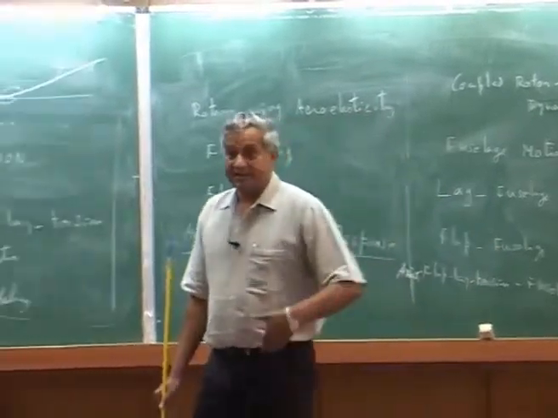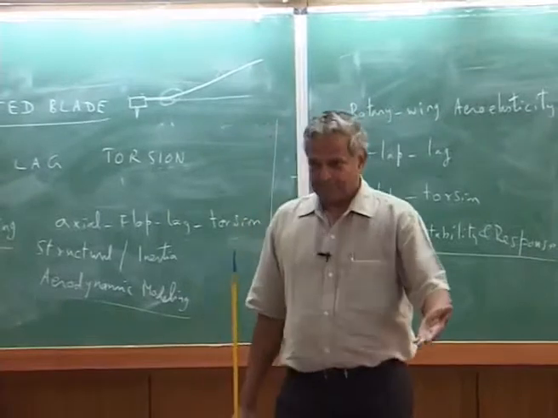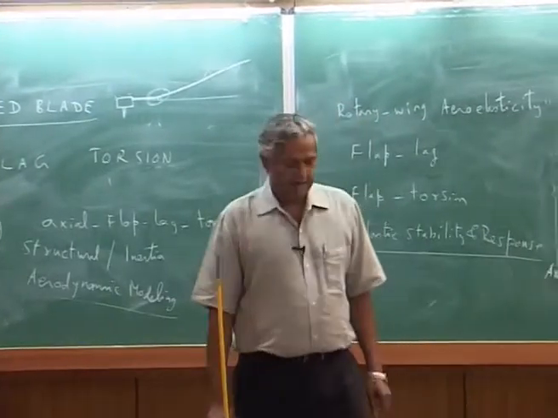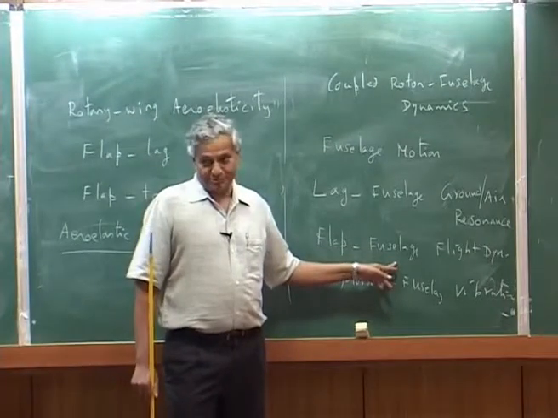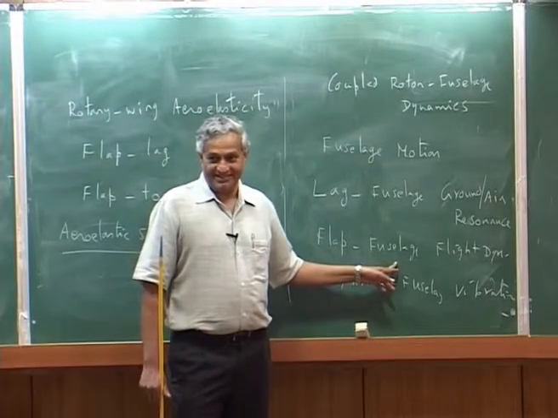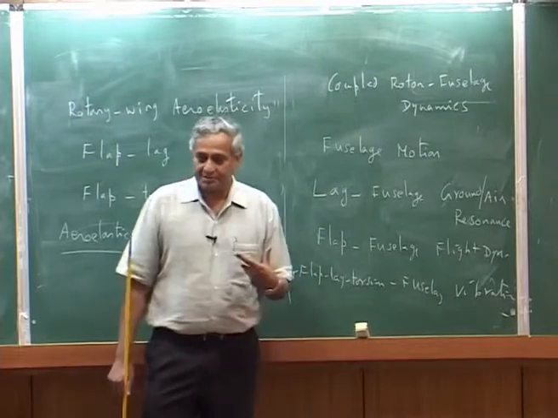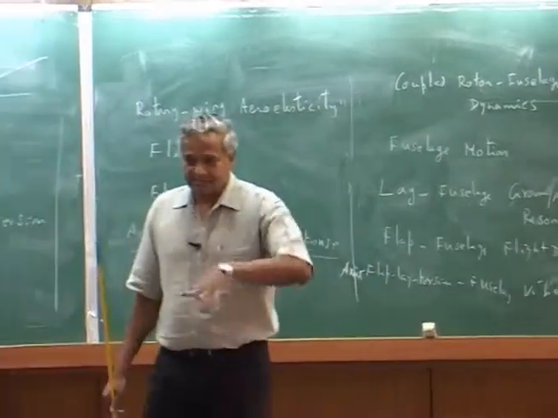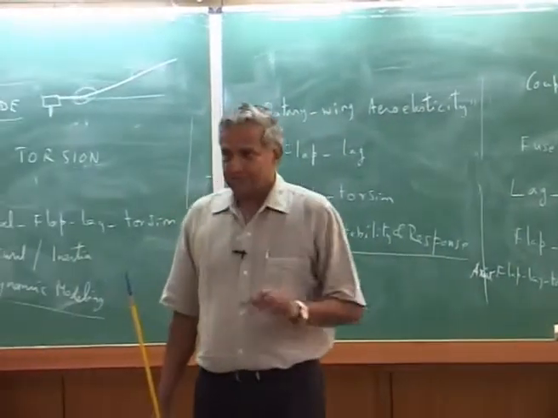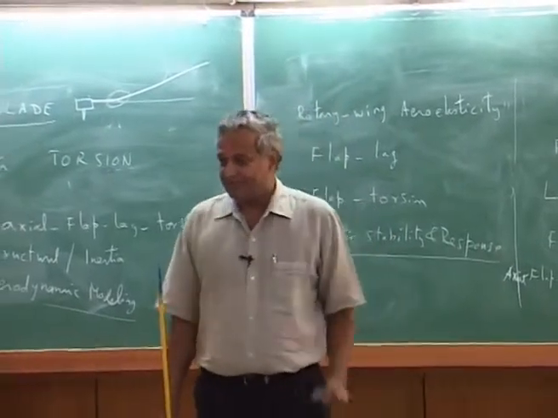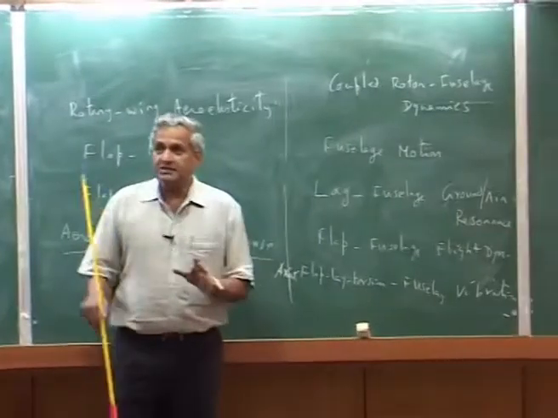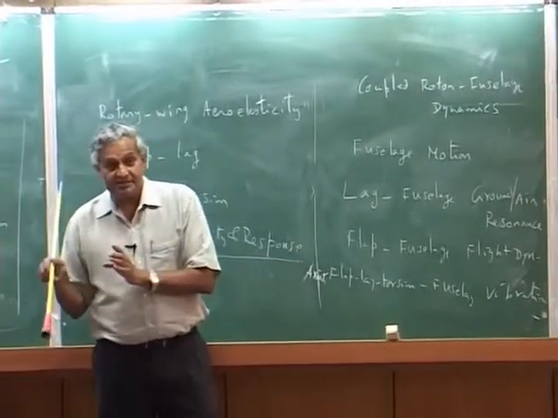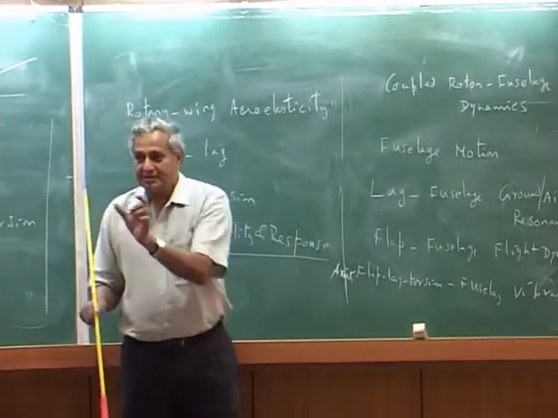Suppose you say I want flight dynamics. Flap motion and fuselage motion. Because the flap controls your loads, hub loads, your maneuver, everything. So you include that. Plus there is also one more. What is the frequency range you are interested in?